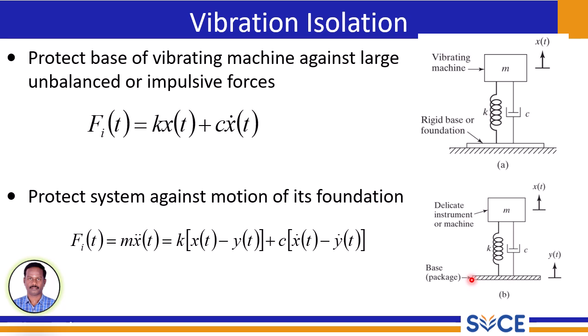Again, the connection is through an isolator with the stiffness K and damping coefficient C. The absolute motion of the instrument is x(t). Understanding this force relationship is crucial for designing effective vibration isolation systems.